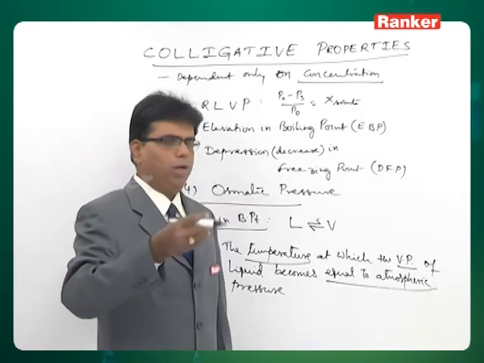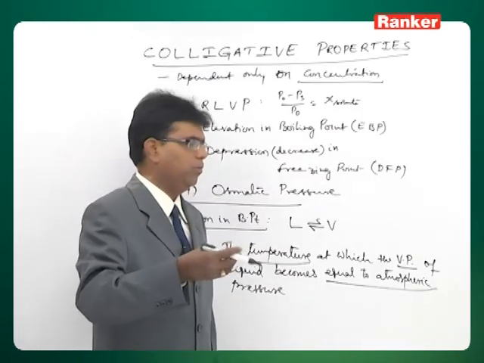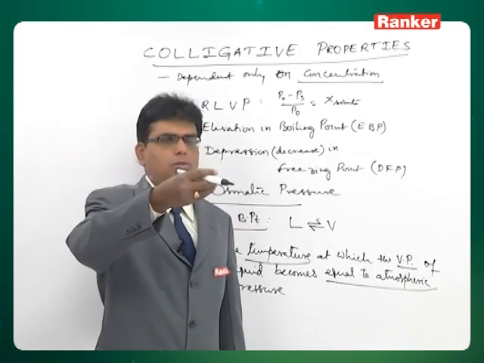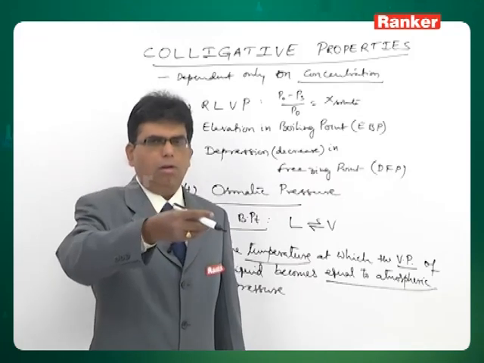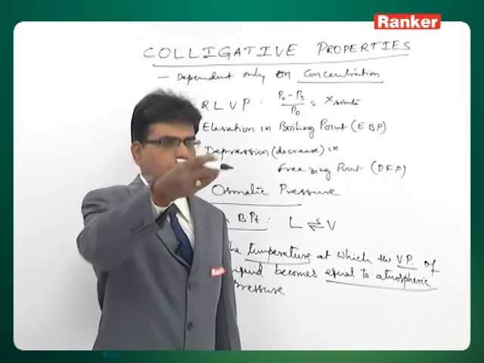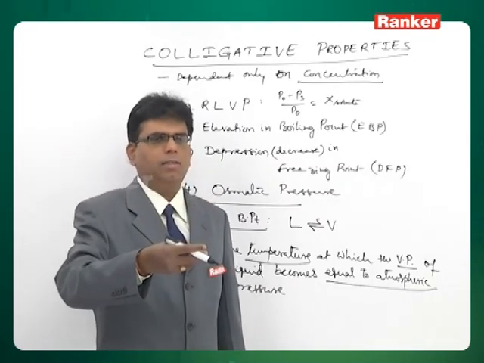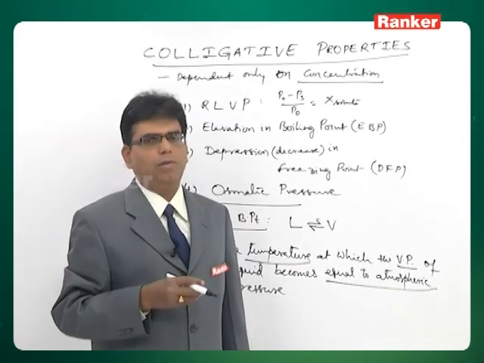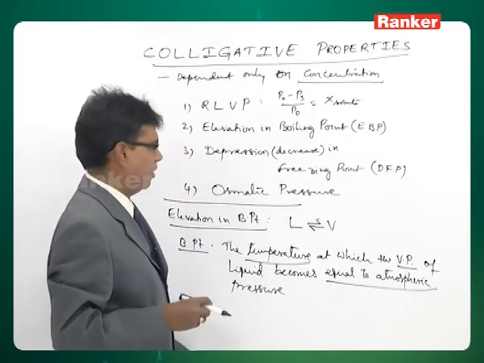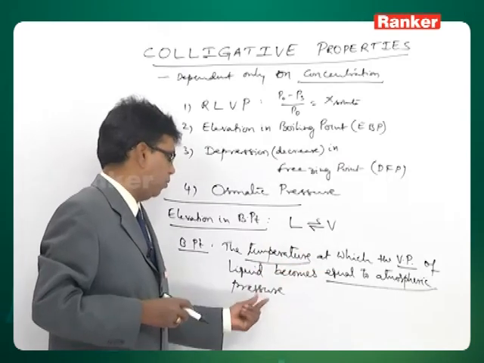So, if you take two liquids, one more volatile and one less volatile, the more volatile liquid, whose vapor pressure is more, will obviously reach atmospheric pressure at a relatively lower temperature. That is the reason a more volatile liquid will have a lower boiling point. This we can show graphically also.